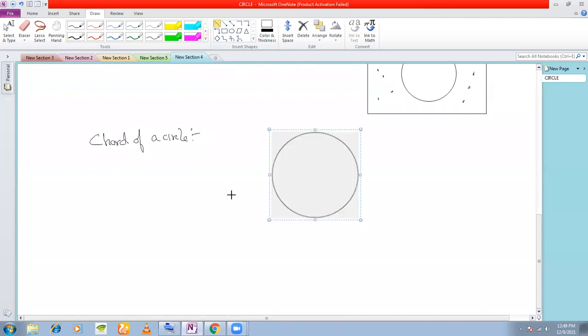If we take a circle and take any 2 points on the circle, let's say the point A and the point B, and you join them with a straight line, then this line segment AB, only this part, will be called the chord of the circle. So remember, chord is nothing but a line segment.